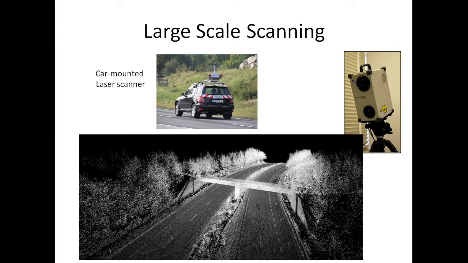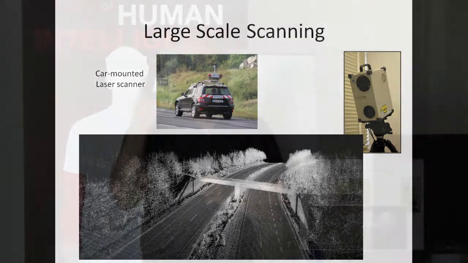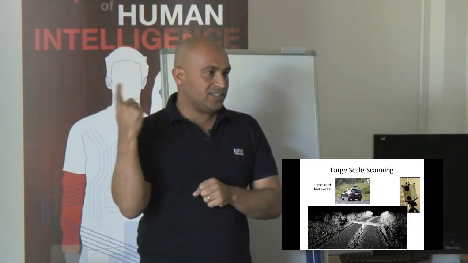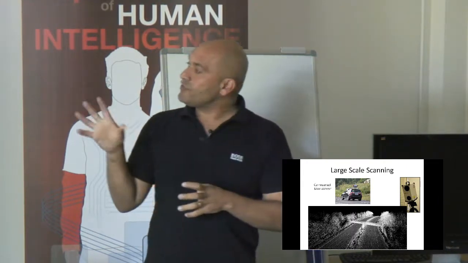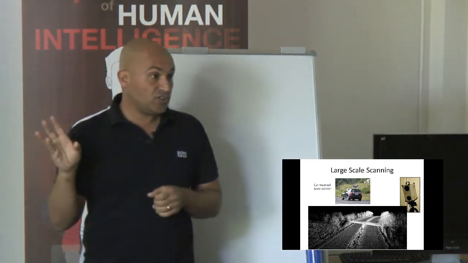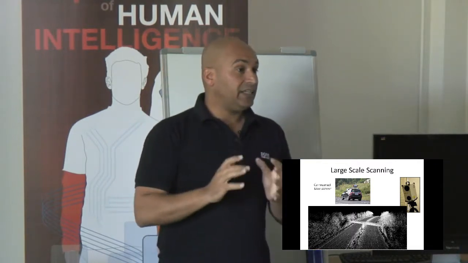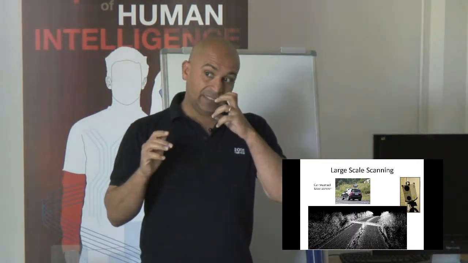So this is the kind of scanner you will get, and it's often installed on top of a car, which enables scanning 360 degrees around the car. The aim of most of these technologies and projects is to be able to scan cities.